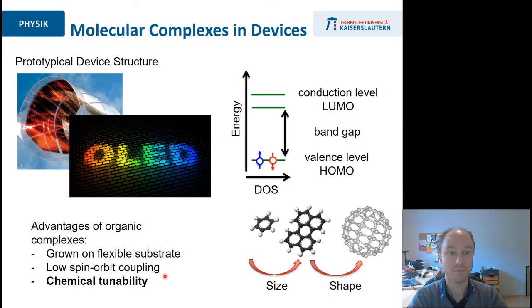However, for all these applications, the most important advantage of molecular materials is their chemical tunability, which allows us by chemical synthesis to change the size of the molecular complexes and change the shape, going from benzene-like planar molecules to a 3D object like these buckyballs or C60 fullerenes.